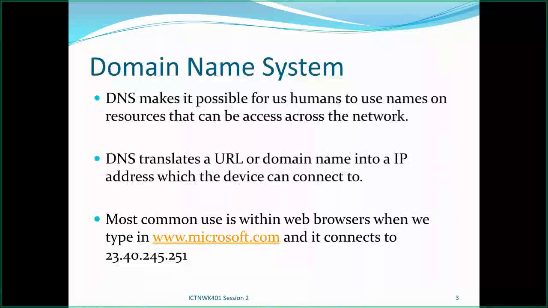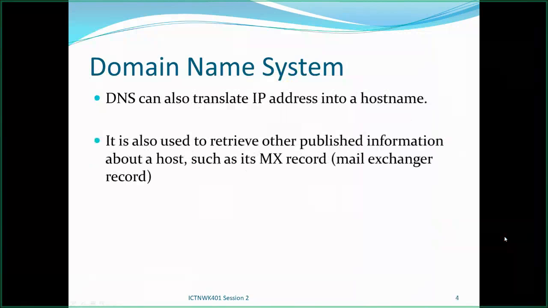So, for example, if we type in www.microsoft.com, it'll come back with an address such as 2340, 245, 251. And then the machine will connect to that IP address. Okay, because as you know from the networking classes, everything runs on IP addresses.